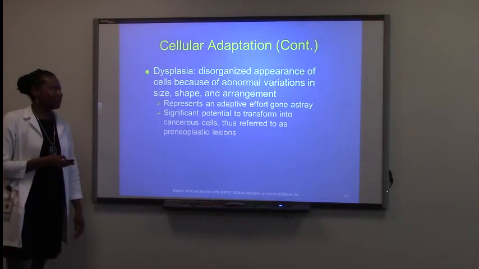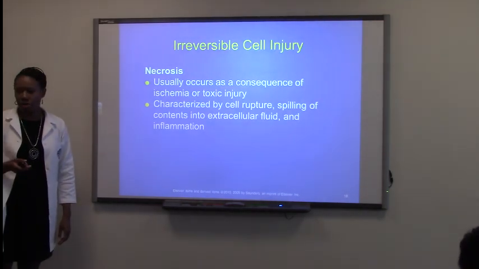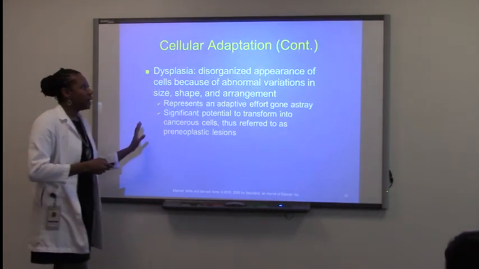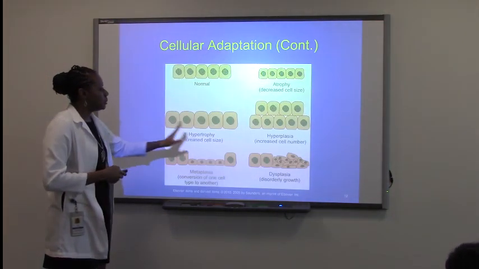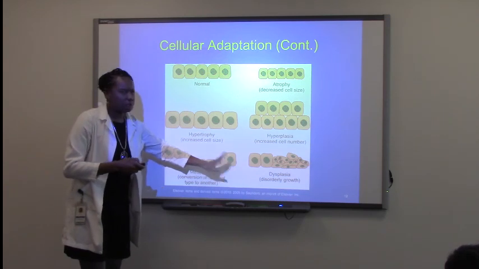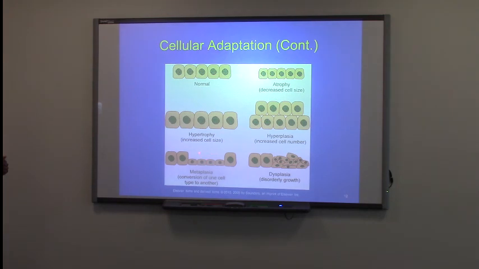Okay. So now we're going to talk about irreversible cell injury. Let me just go back to this really quickly and explain something. Atrophy, hyperplasia, hypertrophy, and even metaplasia, all of those cellular adaptations are reversible.